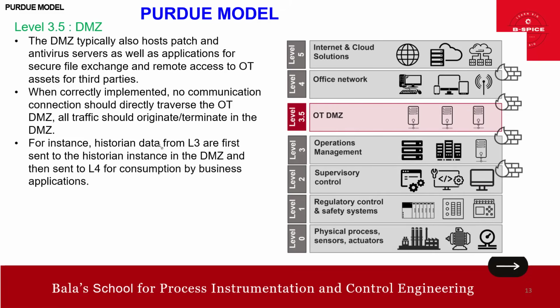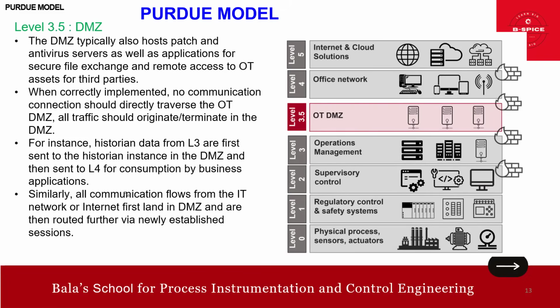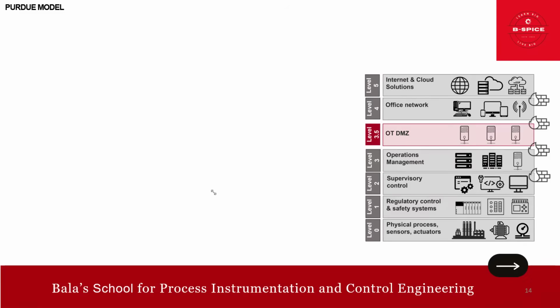So, for instance, historian data from level 3 is first sent to the historian instance in the DMZ and then sent to level 4 for consumption by business applications. Similarly, all communication flow from the IT network or internet first lands in the DMZ and is then routed further. Okay, so this is about the DMZ level 3.5.